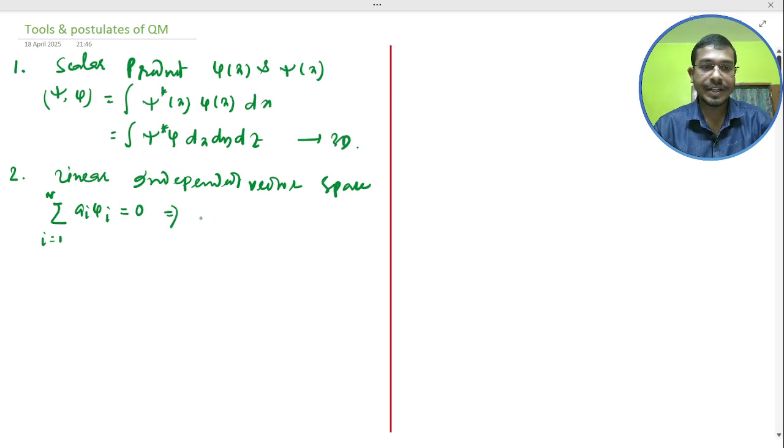That means the coefficients a1, a2, and so on are all 0. Otherwise, phi 1, phi 2, up to phi n are said to be linearly dependent. So the equal to 0 condition with all coefficients 0 gives linear independence, and if the coefficients are not equal to 0, it is called linearly dependent.